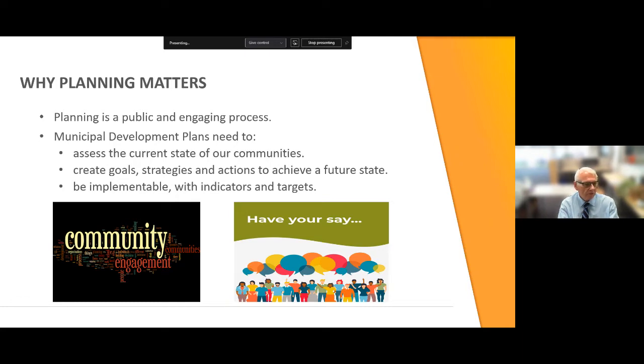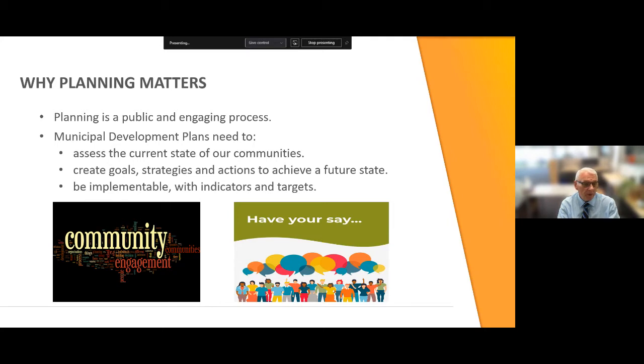Second step is reviewing and getting your feedback on, did we get it right? Third part is where you have your say in front of council at the public hearings. And so those are really important steps for the public to get engaged, to look at the goals and the strategies that are being proposed for the future of Cypress County and how it hopes to be implemented.